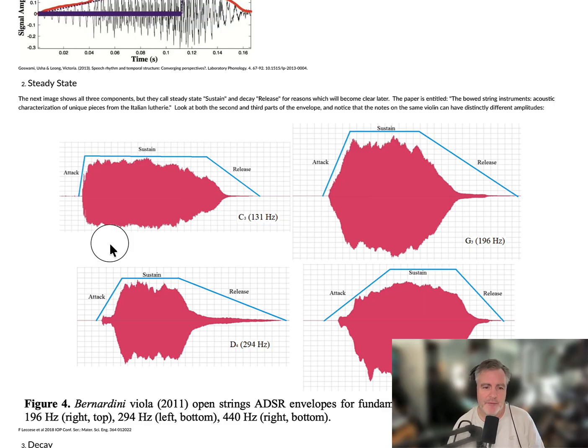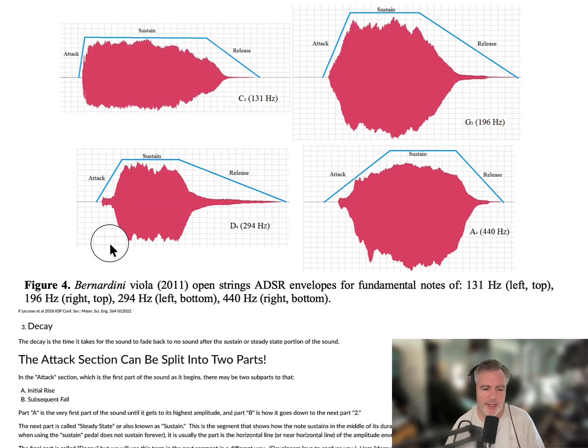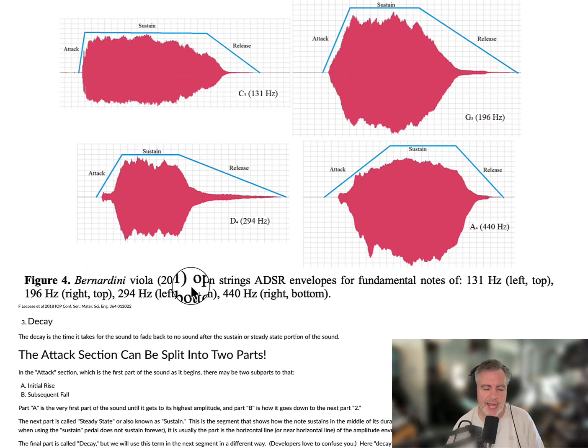But it's this middle state, the steady state. And then the final part is the decay, or when I stop inserting energy into the instrument, how fast does it die away back to silence?